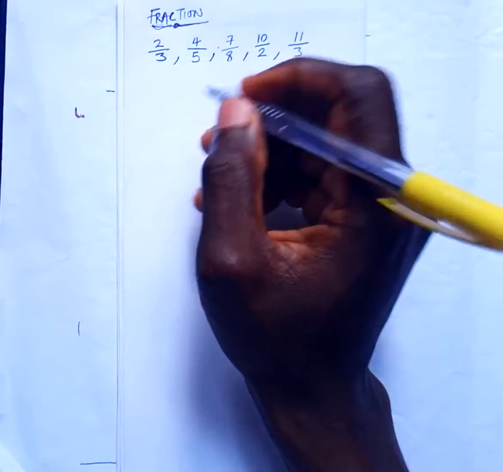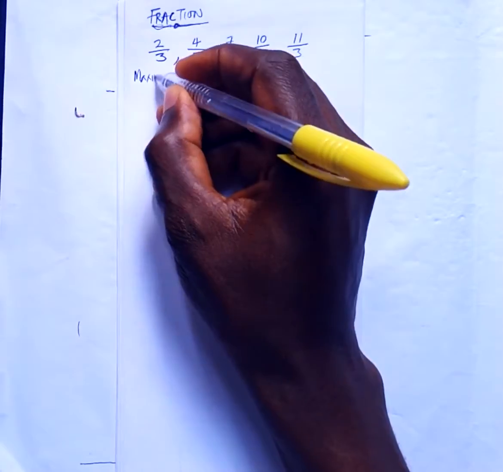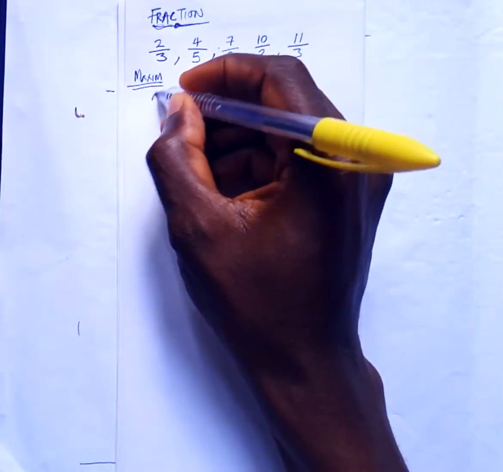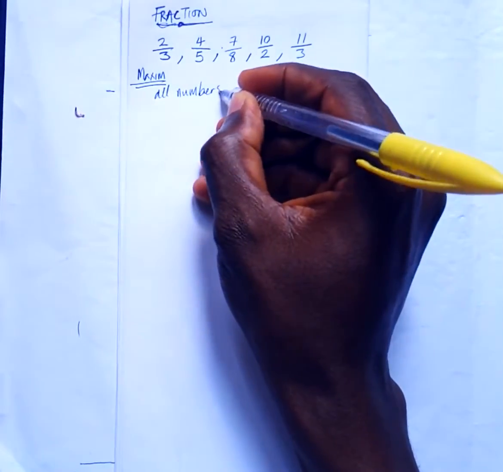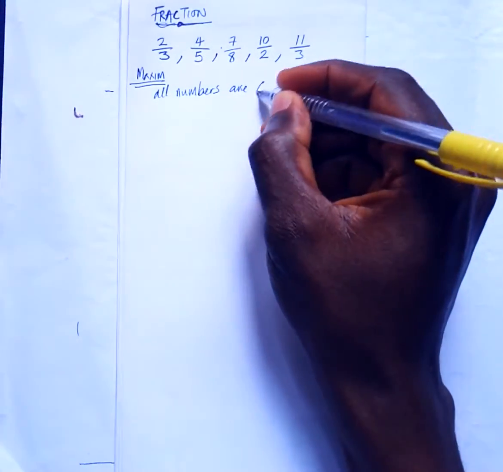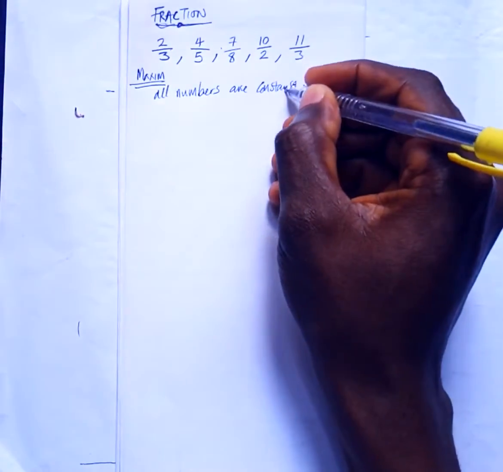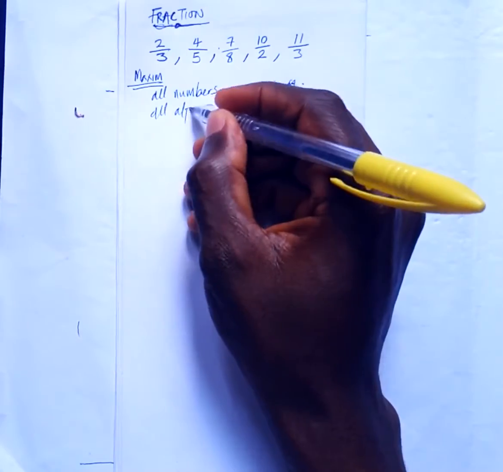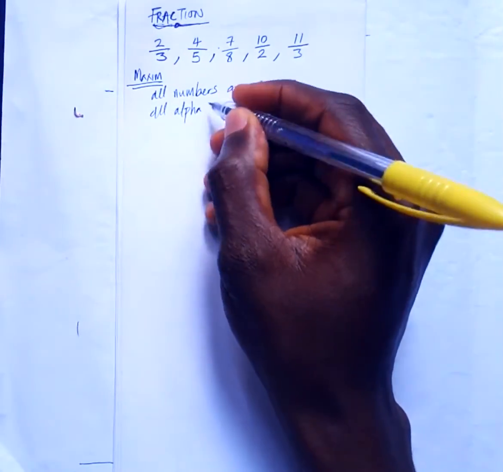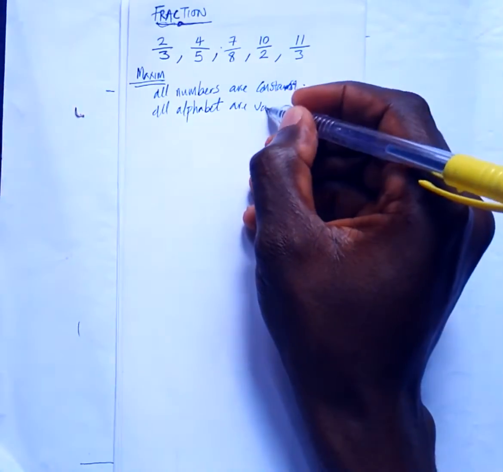And remember, in our last class, we mentioned a maxim, a theorem, which says all numbers are constant, while all alphabets or letters are variables.